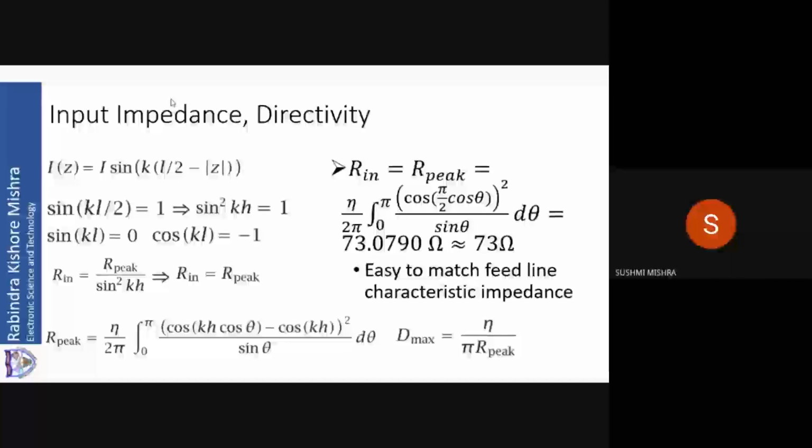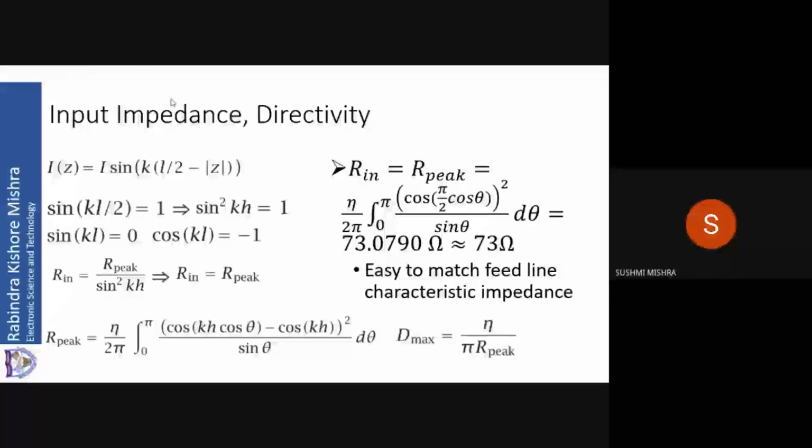So R rad is equal to 2 P rad by I square. So 2 P rad by I square will be again 73 ohm. So either you find out Rin from that expression or from this expression, both ways we will find Rin to be 73 ohms.